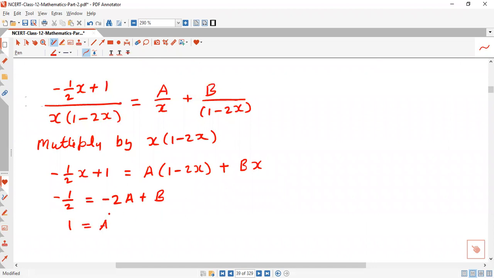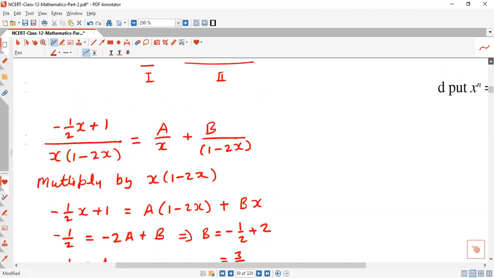So a equal to 1. Put the value of a in equation number 1, it will give b equal to minus half plus 2, so b comes out 3 by 2. So b is 3 by 2 and a is 1. Now you have the values of a and b.